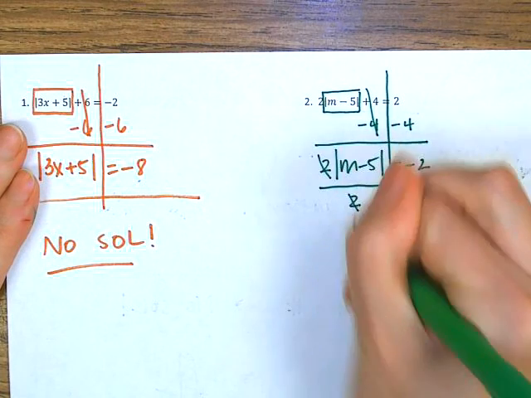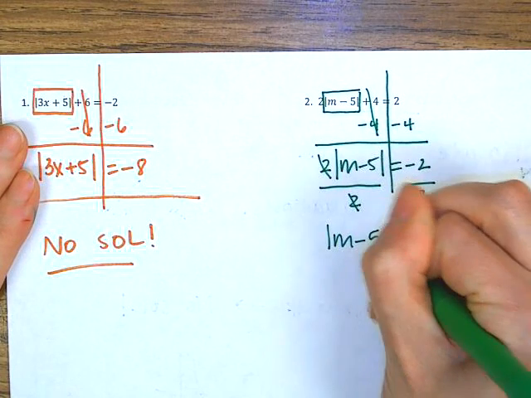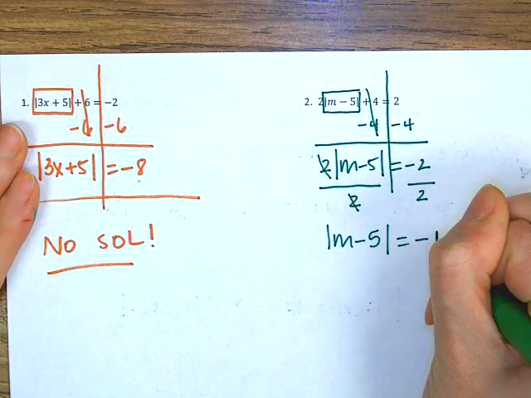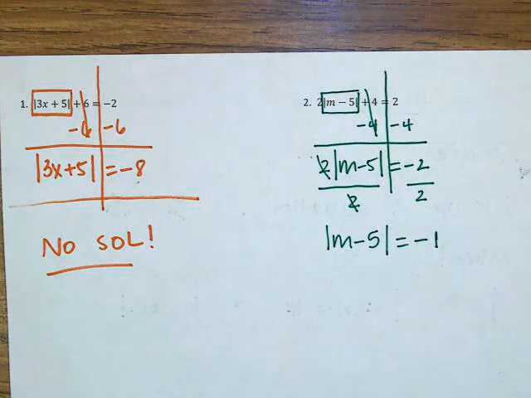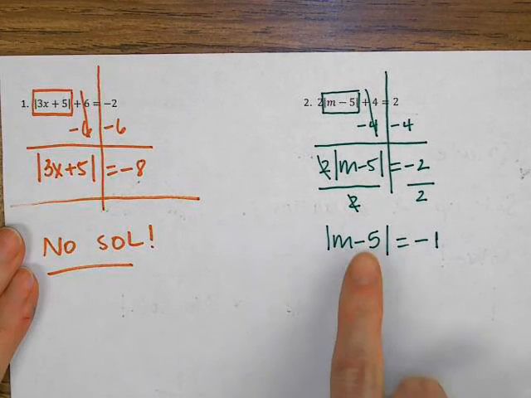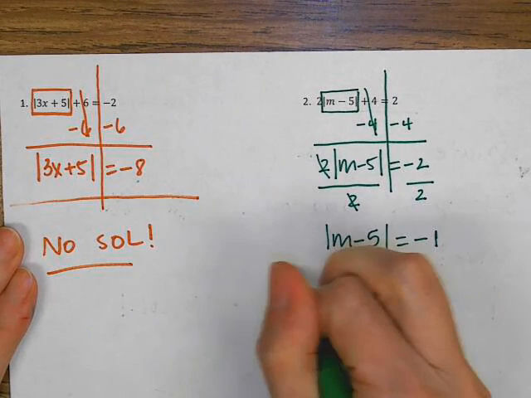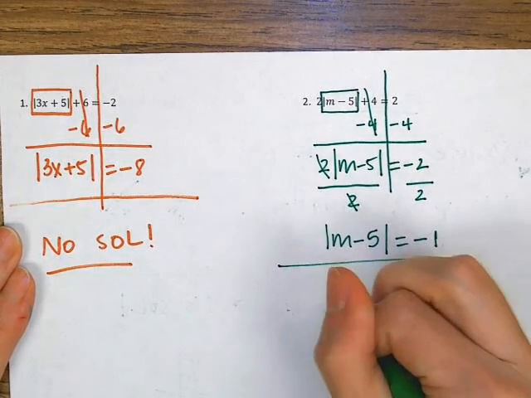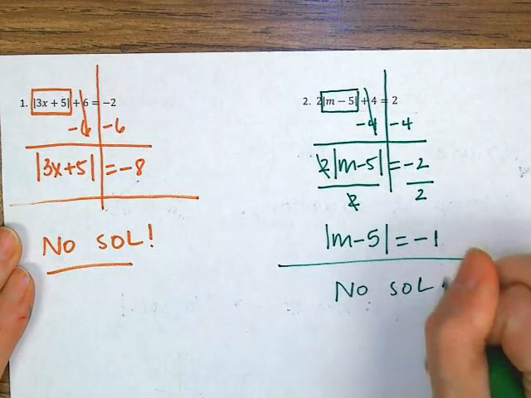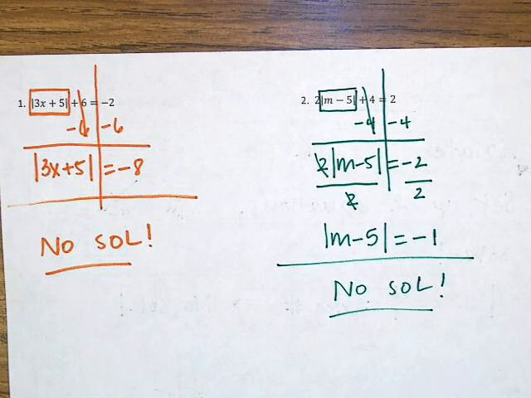And these cancel. We get absolute value of m minus 5 equals negative 1. Okay, again, you stop here and say, okay, I've isolated and my absolute value is equal to a negative. That's never going to happen. So you stop and you say no solution. Okay, that's the new thing for today.